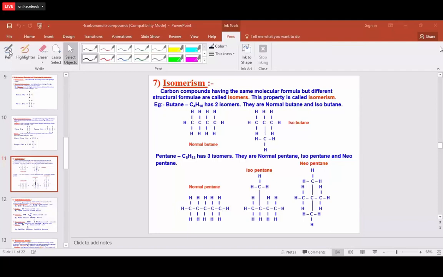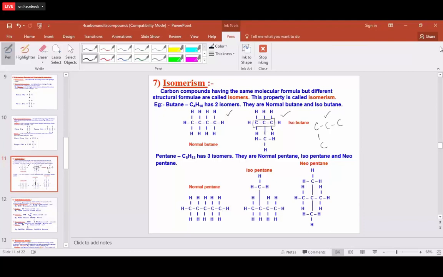Why should we not place it at the first or the last carbon atom? Because if you place it at the first or the last, again it resembles this structure. There would be a continuation of four carbon atoms, C single bond C single bond C, so four carbon atoms in a chain. But in this case, only three carbon atoms are in a chain and one carbon atom is made a branch over here.